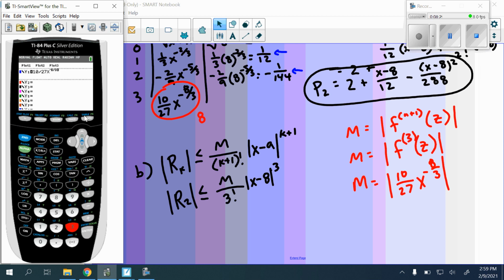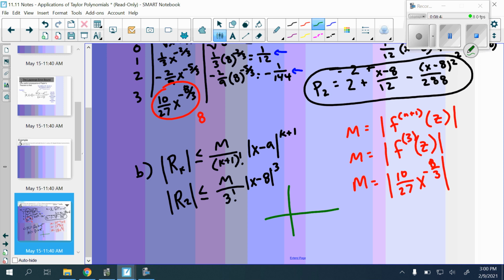If we graph this one, there's the left side of it, but we're interested in what it's doing on the other side. You can see it's an exponentially decreasing graph that's going to go towards 0. So where's it going to be biggest? Well, if that's trending downwards, here's our interval from 7 to 9. This is decreasing, so it's going to be biggest at 7.